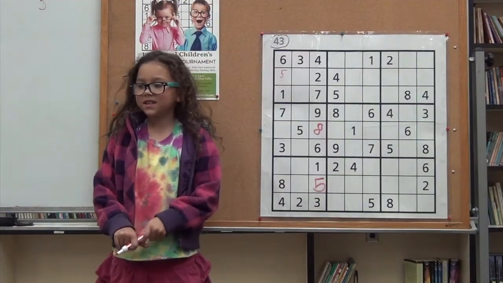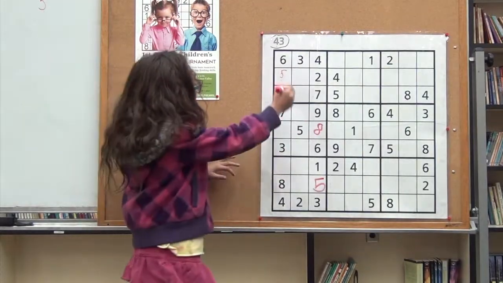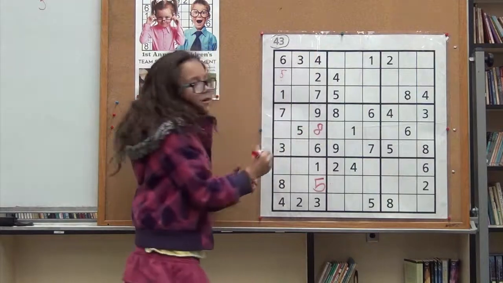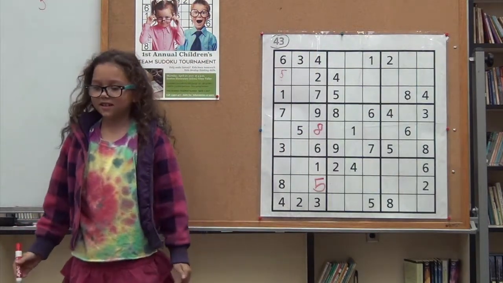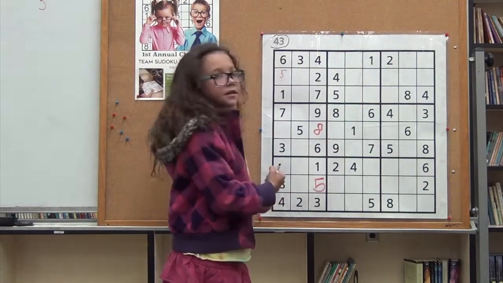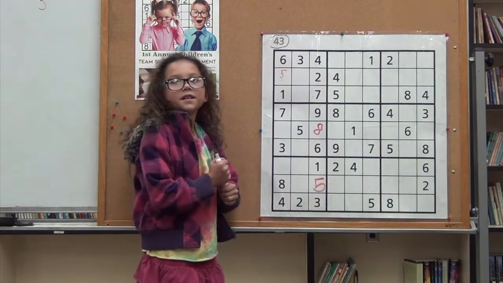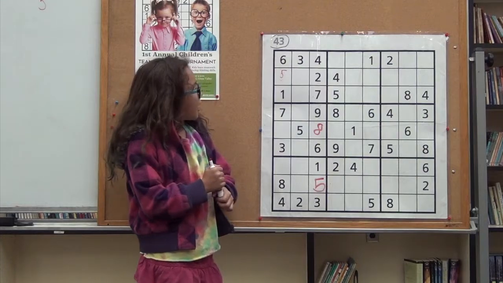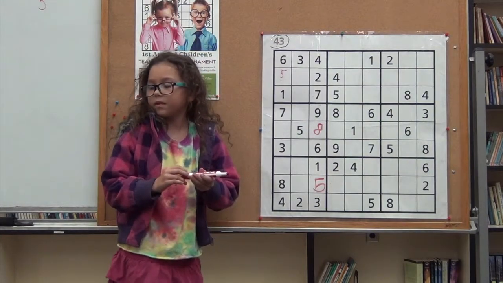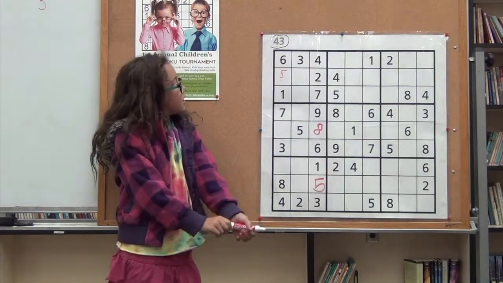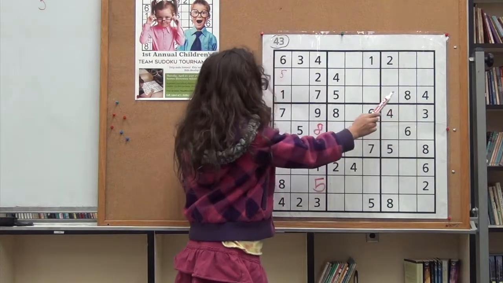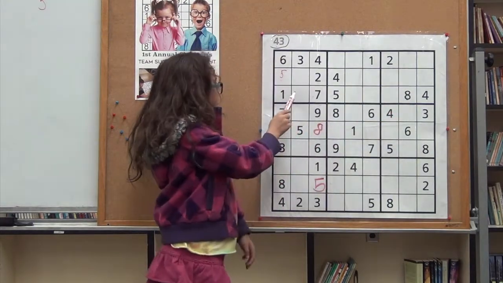Name the family you will work on. I'm going to work on this box right here. Say which numbers are needed. We need an 8 and a 9. Say which number you will solve. I'm going to solve it for an 8. Identify eliminators. The eliminator is this 8 right here because this 8 blocks off this box.